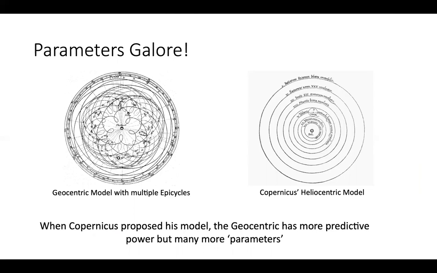It turns out that for almost a century, the older geocentric model actually had an advantage in terms of predictability of more complex astrophysical phenomena. The reason the Copernican model initially won out was because it was a much simpler and more elegant model. In modern parlance, we would say that it has far fewer parameters than the geocentric model.